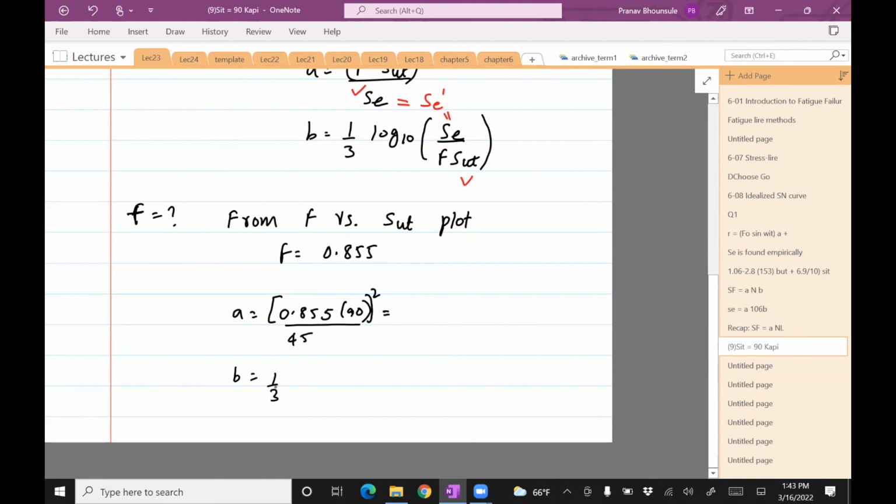B is 1/3 log 10 of SE, which is 45, over 0.855 SUT, where SUT is 90. Okay, we need to compute this.